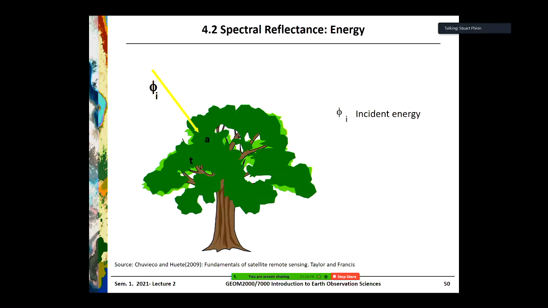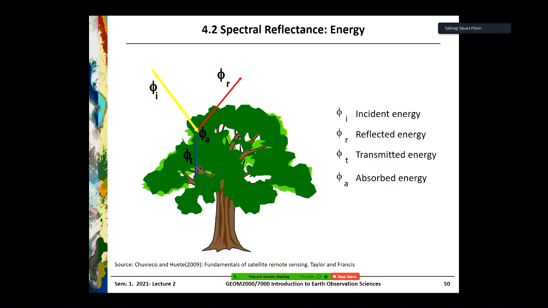Now, depending on the structure of the canopy, the structure of the leaves, and the chemicals which are in it, we've got a whole range of different photochemical and photostructural interactions going on, and some of the energy is scattered or reflected, and some of it is going to be transmitted through the leaves, and some of it's going to be absorbed.